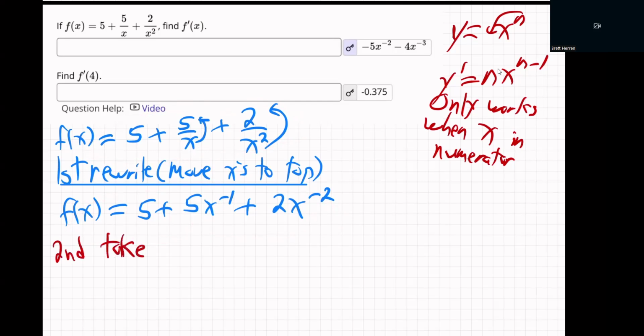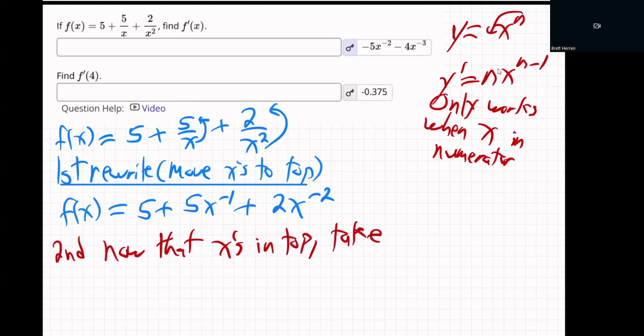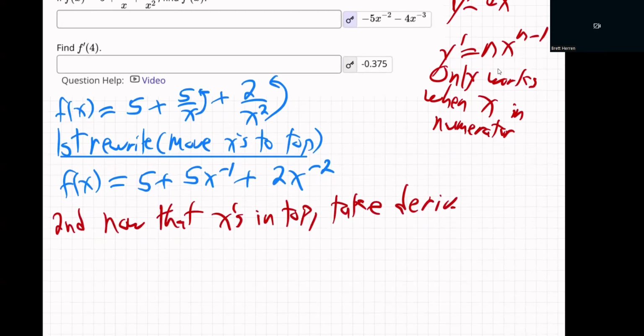All right, now second, now that the x's are in the top, take the derivative. So now I will actually do it. f prime of x, what am I going to do?